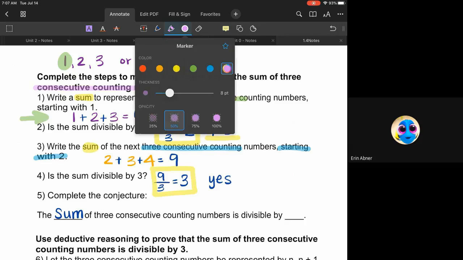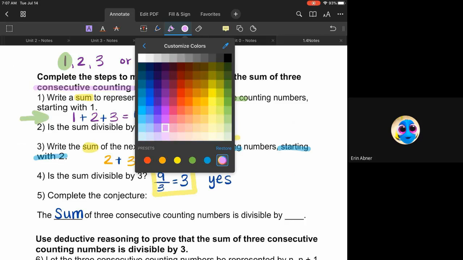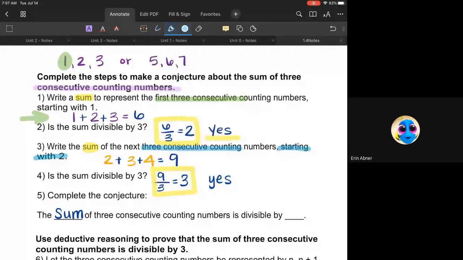Just changing color to make sure we know what we're looking at. Let's go with super bright blue. Okay, so we divided by 3 here, then we divided by 3 here. So we have to say that the sum of 3 consecutive counting numbers is divisible by 3. Not too hard, didn't break much of a sweat, light mental math.